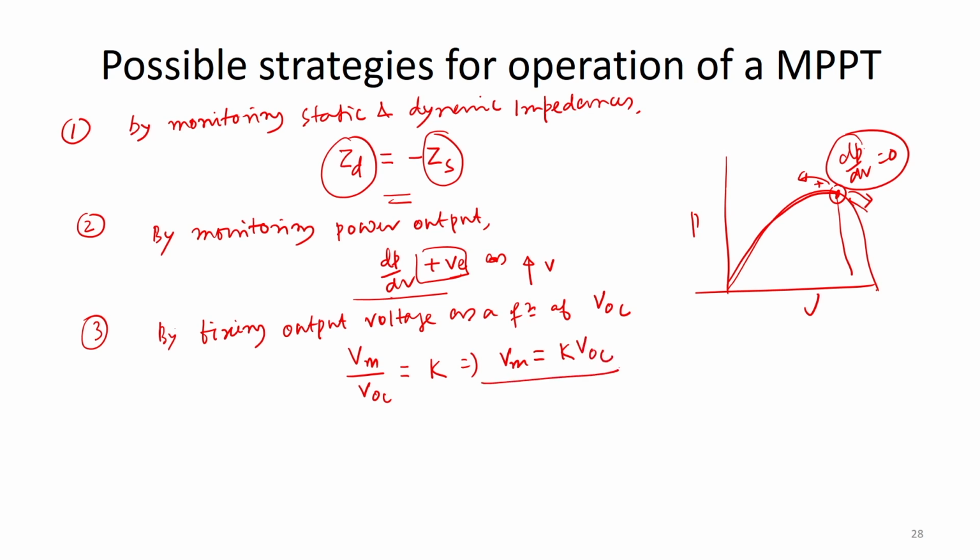So, for high quality crystalline silicon cells, the value of K is considered to be 0.72. So, it is very easy to control this, because it is something like Vm is equal to 0.72 multiplied by VOC. That means the operating voltage of the array is then set at K times the VOC. Okay? So, these are the three strategies normally adopted for this MPPT.